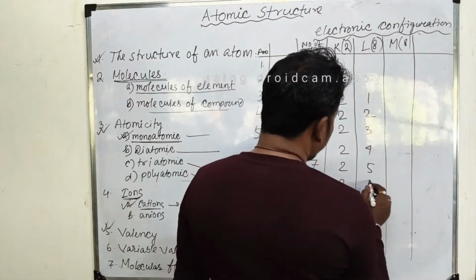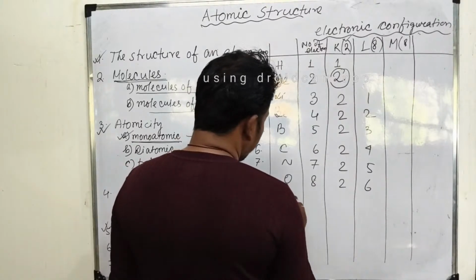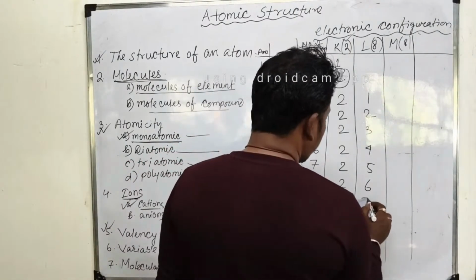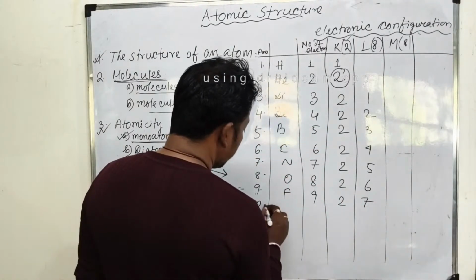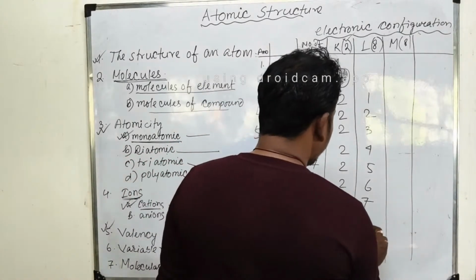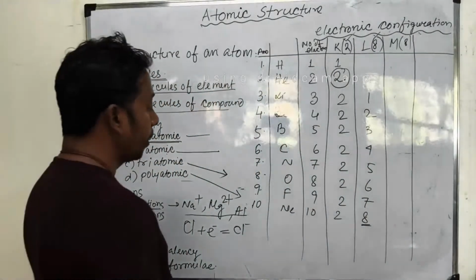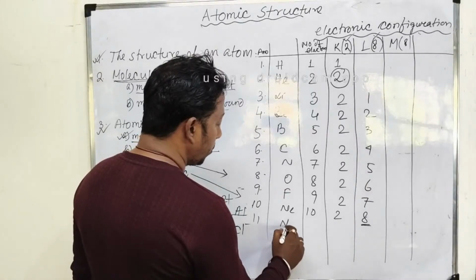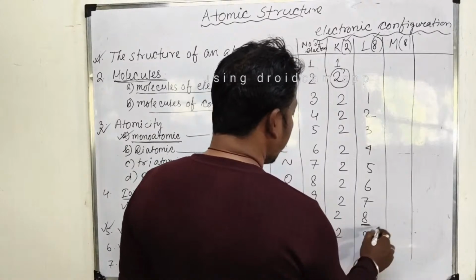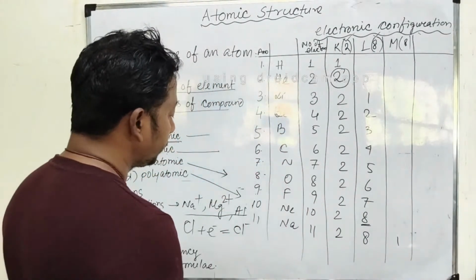Oxygen 8, 2, 6. Fluorine 9, 2, 7. Neon 10, 2, 8. That means its capacity is 8, already fulfilled. Okay. 11, sodium, number of electrons 11. K cell contains 2, second cell contains 8, that is 10. A new cell is introduced, the M cell.